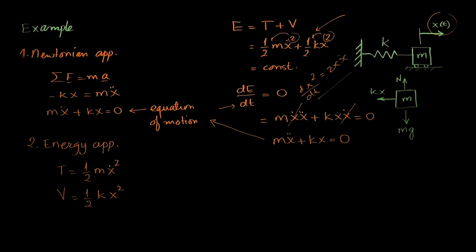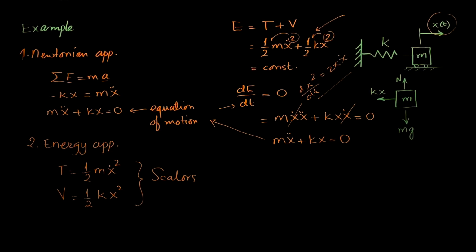Now, it's a couple more steps than the Newtonian approach, but there's one major advantage: now we are dealing with energies, which are scalar quantities. Scalar quantities do not have signs or directions, so that's very important here. Even if I make a mistake in assuming the direction of the motion, it will not affect the final result when deriving the equation of motion.